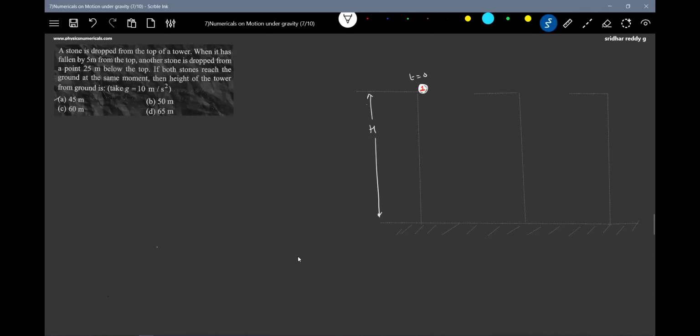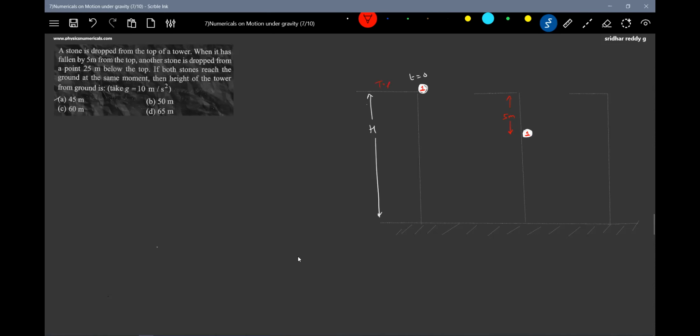When the first stone has fallen by 5 meters, another stone is dropped at a point 25 meters below the top.